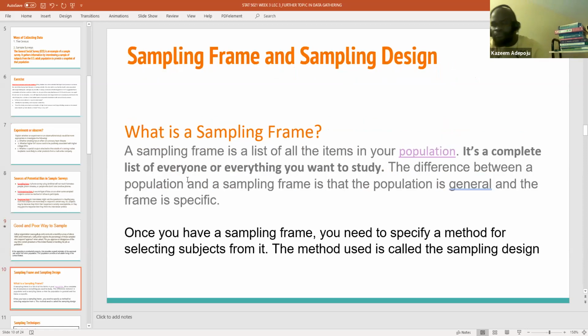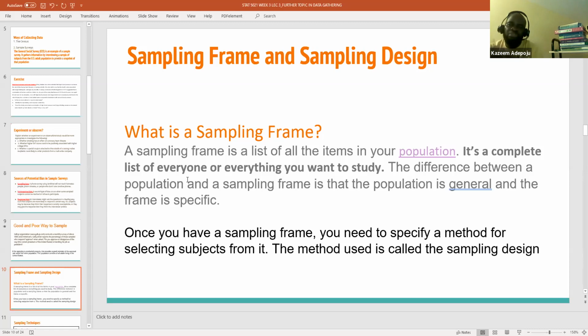If you really want to know the good way and the bad way to sample, I think the best thing to do is first to introduce you to what we mean by sampling frame and sampling design. Because if you don't get your sampling frame correctly, of course, that could be a bad way to sample. But if you get your sampling frame correctly, then that's one of the good ways to sample. Now, what do I mean by sampling frame?